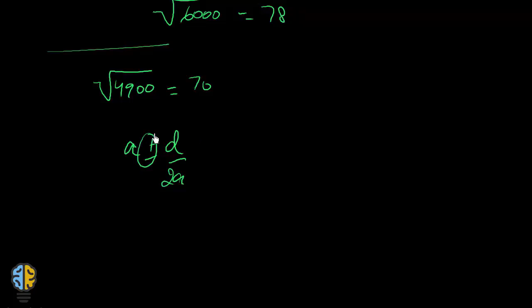Now it's very important to understand in which case we'll apply plus and in which case we'll apply minus. As I told you, because 6400 was larger than 6000, we used minus, but now 4900 is smaller than 6000, so we'll use plus.